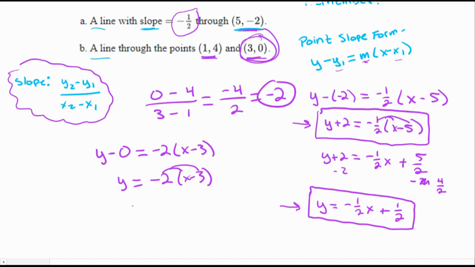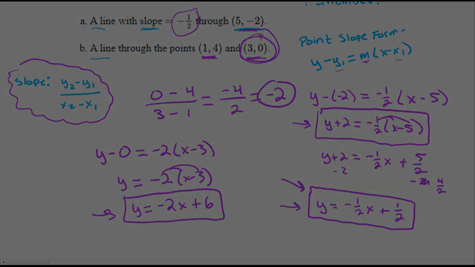I'll distribute to change it into slope intercept form, y equals -2x plus 6, just because this is kind of the most helpful and also the one that we see the most. So I'm a little bit backwards here, but here is the answer for A and here's the answer for B.